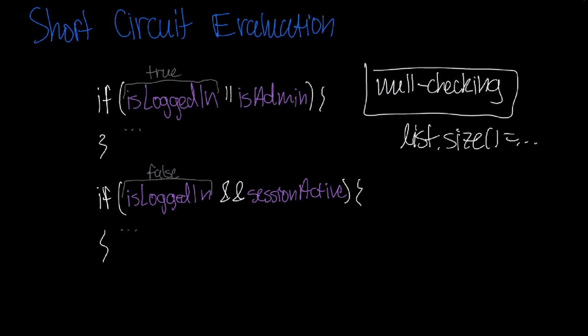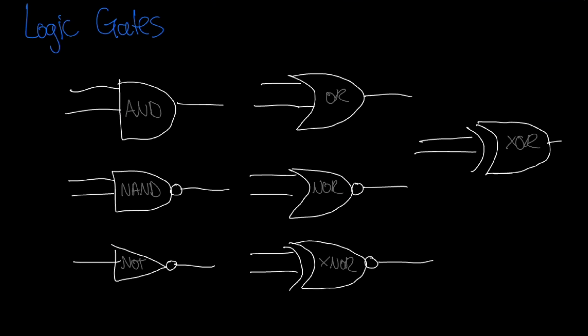So what you can do is say if list is not equal to null and list.size whatever, well then if list is null, the first condition is going to be false. So the second condition is never evaluated. So you never try to access that .size or the .length on that list, which would actually prevent you from crashing your program. This short circuit is what makes this pattern safe. If both conditions were always evaluated, this would fail whenever list was null. Hopefully that makes sense.